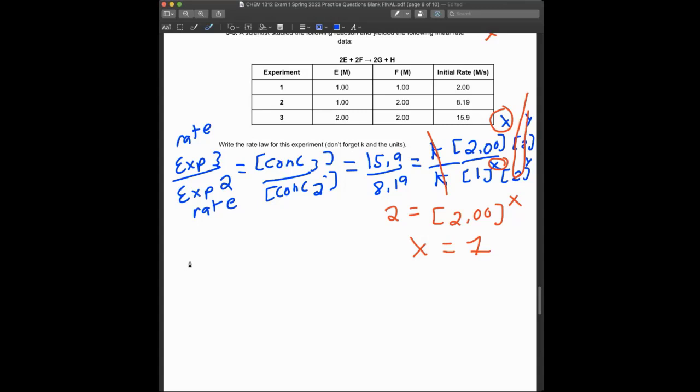Since the concentration of F is the same, let's do what we did over here on the X. So we do rate, just to simplify things, experiment 2 over experiment 1. Then we have the same thing: concentration of 2 over concentration of 1.